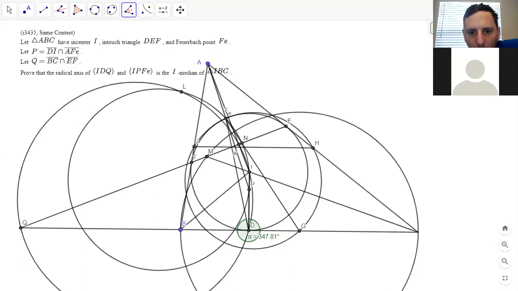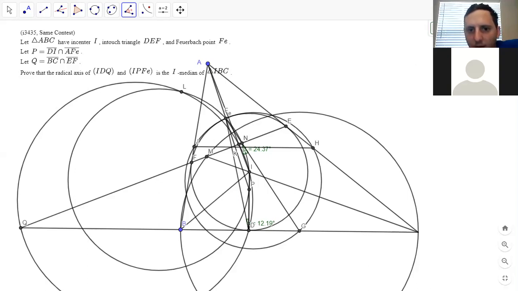If that were the case, it would be cyclic, and we would solve the problem. That's why the angle bisector of this angle looks important.